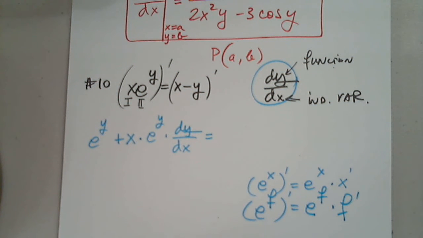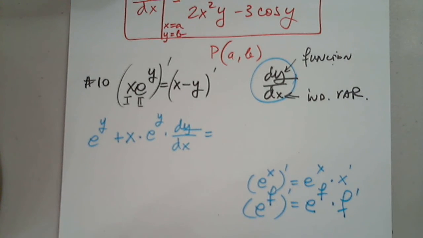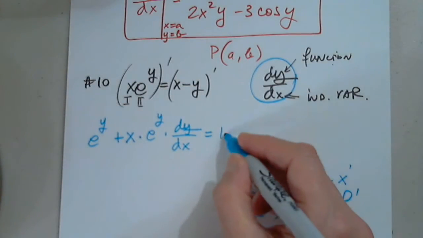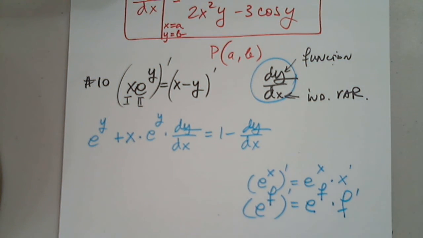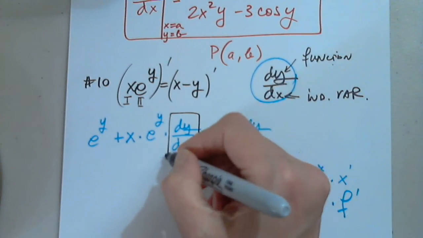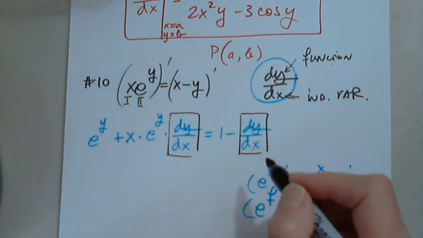Can anyone give us the right-hand side? If this is too light of a color, tell me and I will not use it again. Would the right-hand side be 1 minus dy dx? Brilliant. That's it. Awesome. So now I am solving for this piece. But it is present in 2 terms.